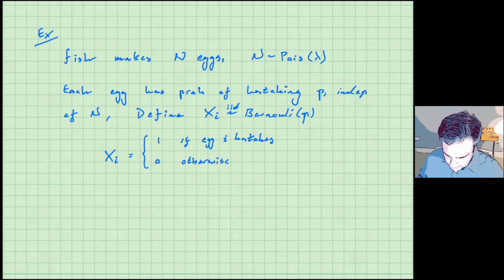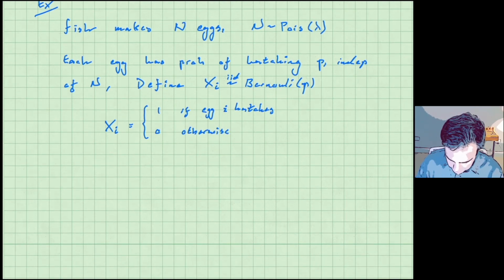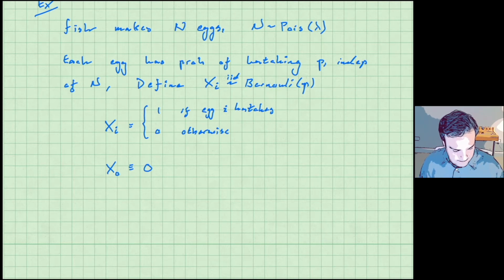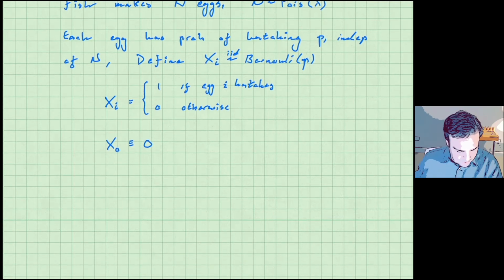So these are a bunch of individual Bernoulli trials, which is kind of the starting point for a lot of your previous work, I think. Okay, and then I just want to insert my sort of clumsy, awkward, we'll define x sub 0 to be 0.